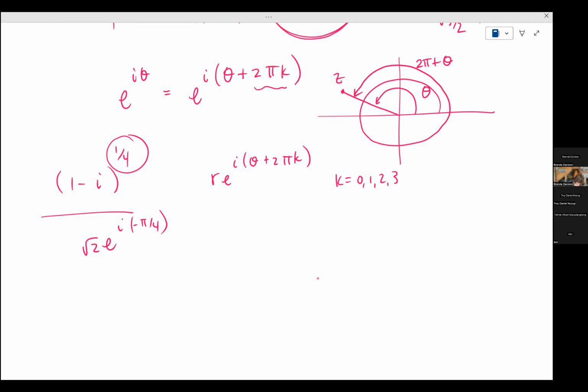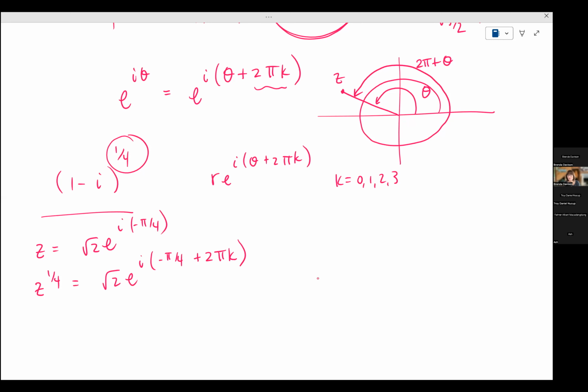At that point, what you want to do is rewrite the number, as Paul was indicating. We have this number z, and now we want to find z to the 1/4. That's our goal here. So we take the number and rewrite the argument minus pi by 4, and add 2 pi k.